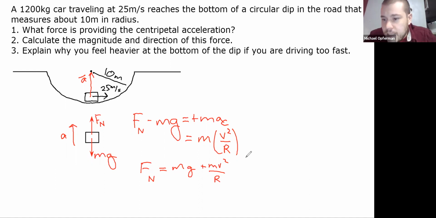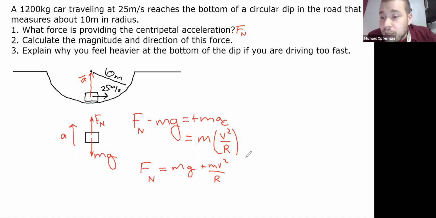So the force providing that acceleration is going to be a force that's pointing upwards. So that would be the normal force. So the normal force is providing the centripetal acceleration in this case, which means sometimes we would call the sum of the forces in that direction the centripetal force.